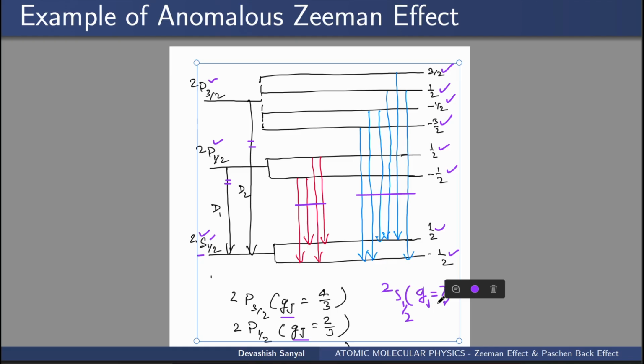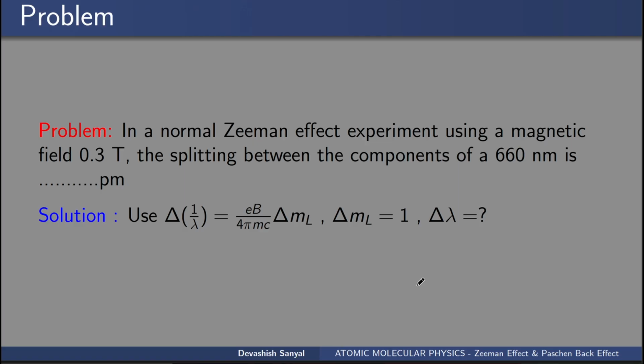So we go to the problem. In a normal Zeeman effect experiment using a magnetic field of 0.3 Tesla, the splitting between the components of a 660 nanometer line is how many picometers?